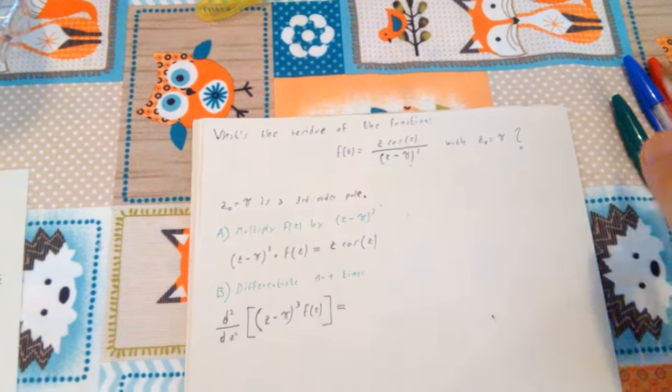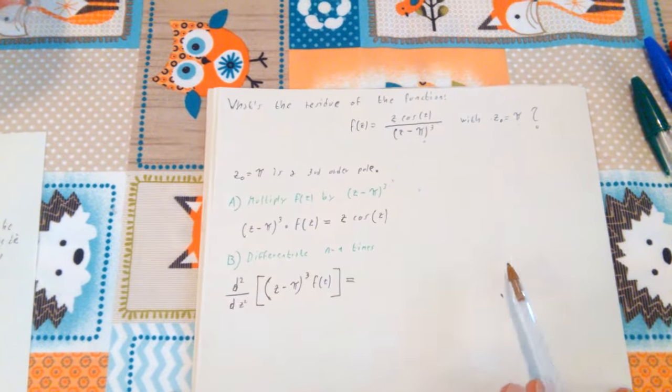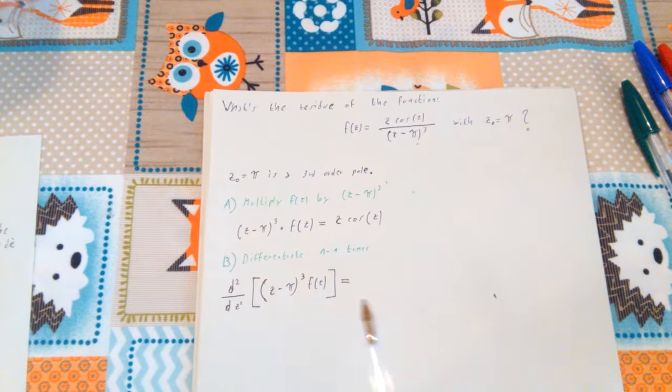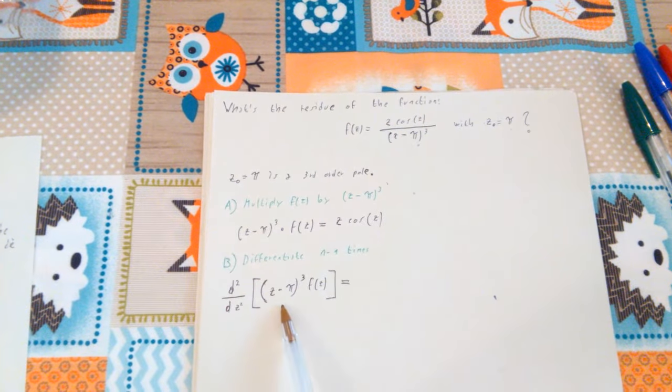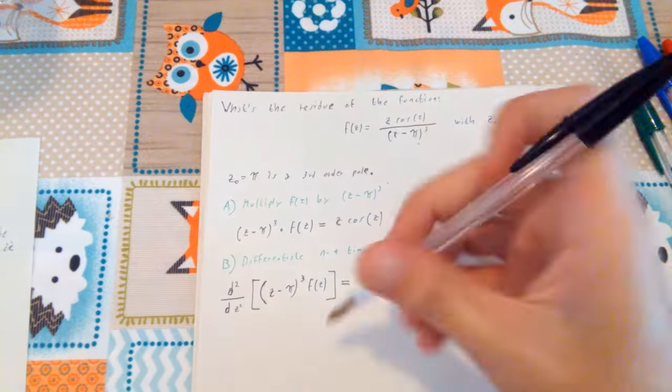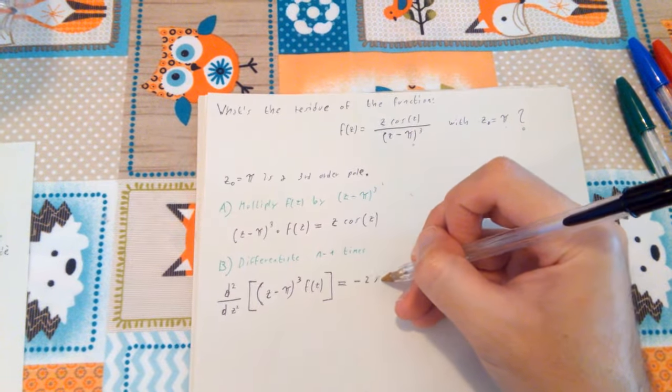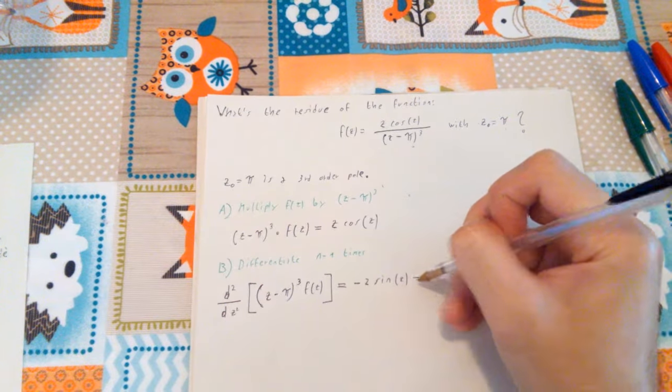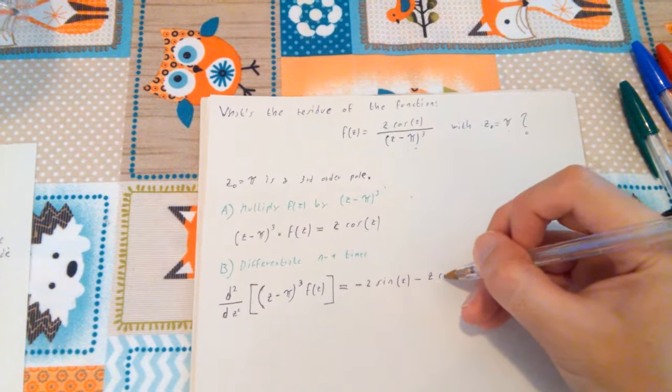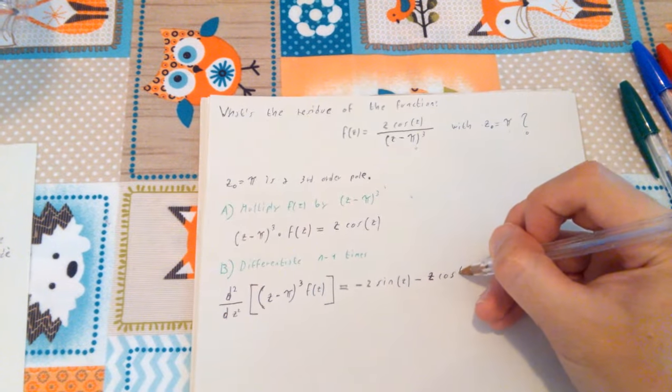Now, without doing any complicated math, it's pretty easy to see that the derivative of this thing is actually negative 2 sine of z minus z cosine of z.